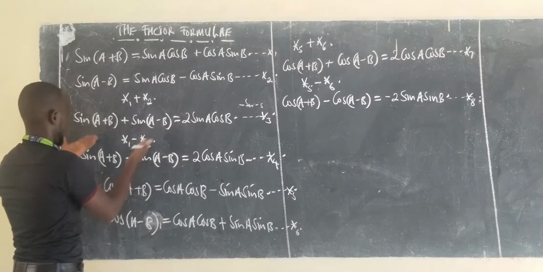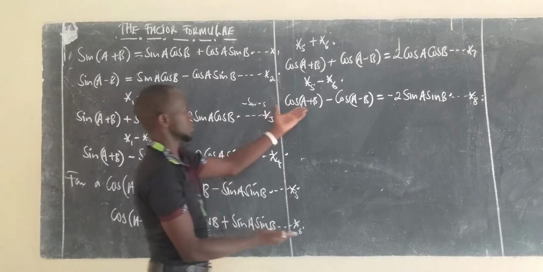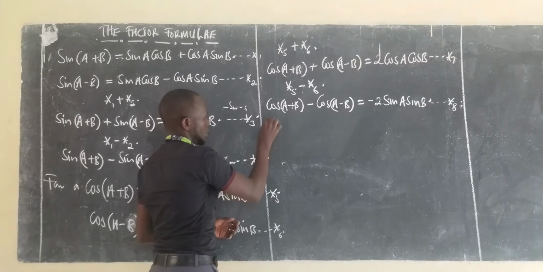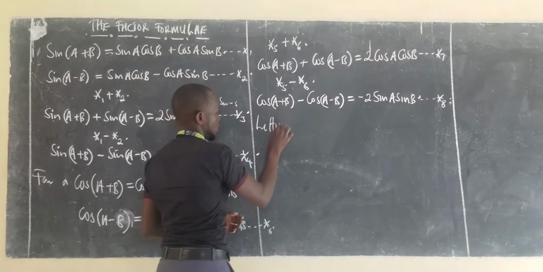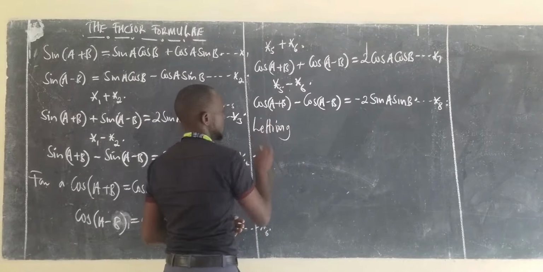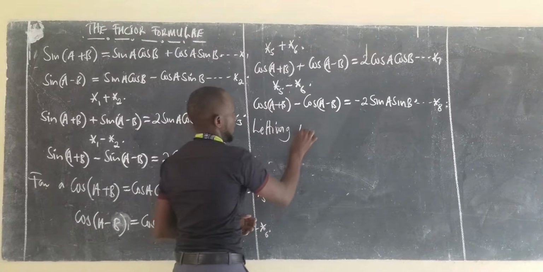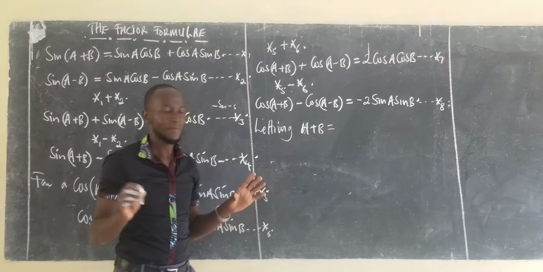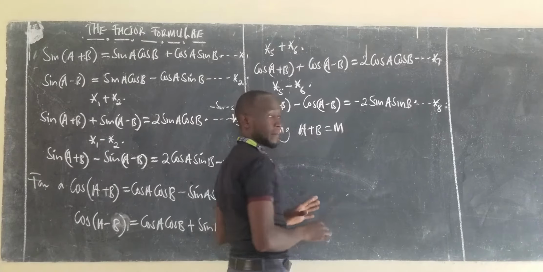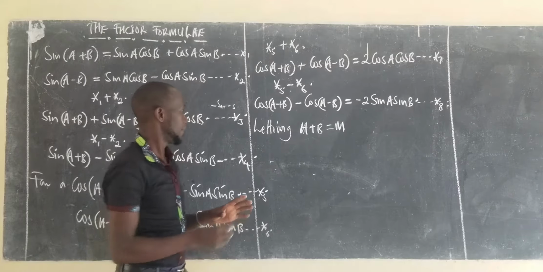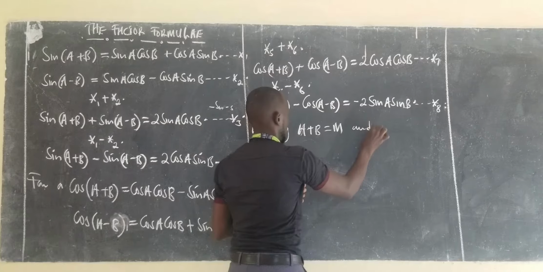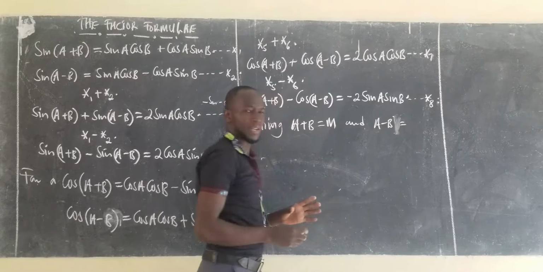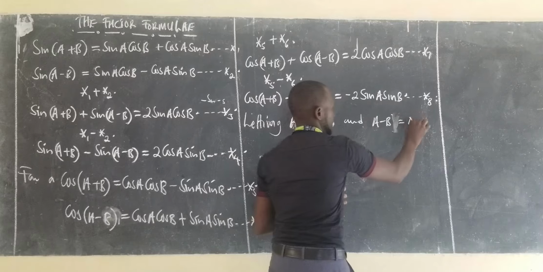When you look at this, we have two angles, A and B. Now, if you let A plus B be any unknown of your choice, I'm choosing M, and I always choose M if I'm given a chance, and A minus B, maybe you let it be any other unknown, say N.